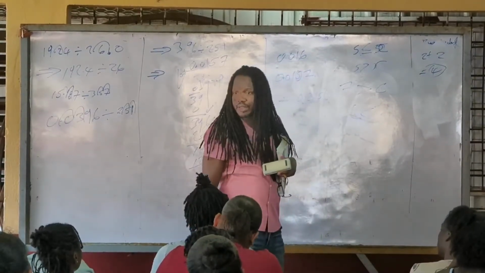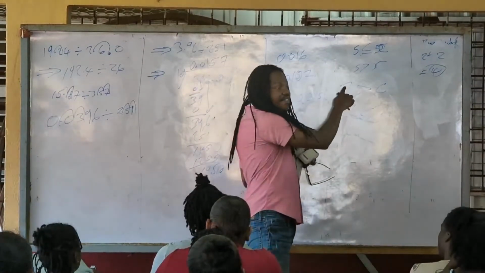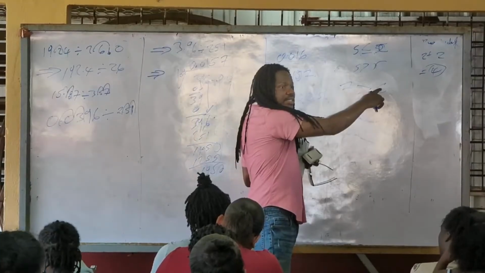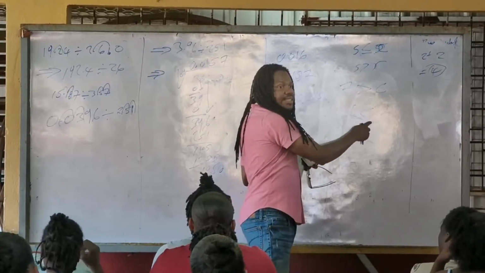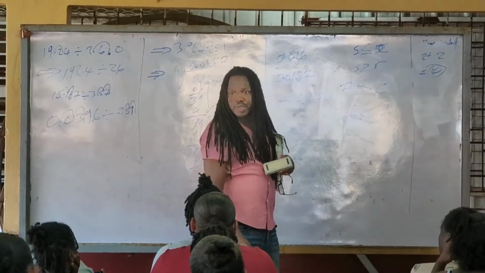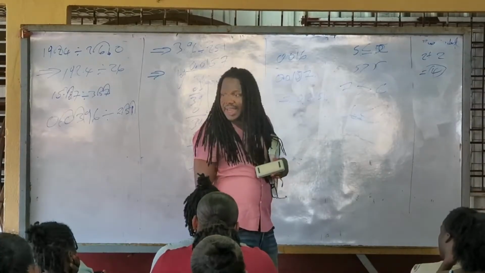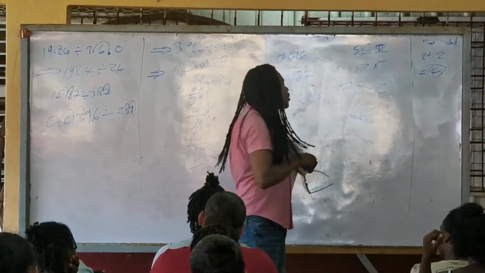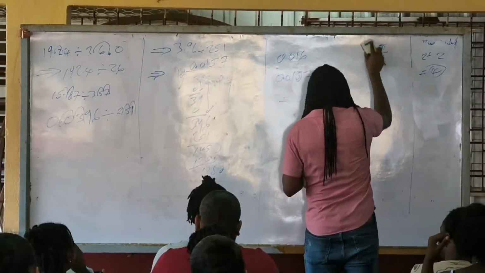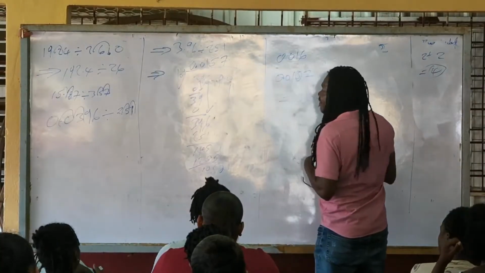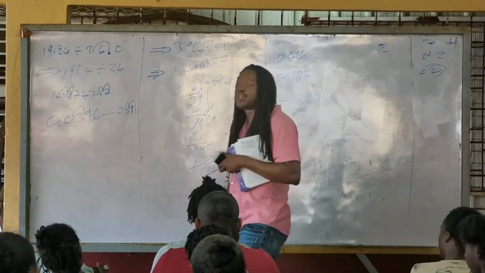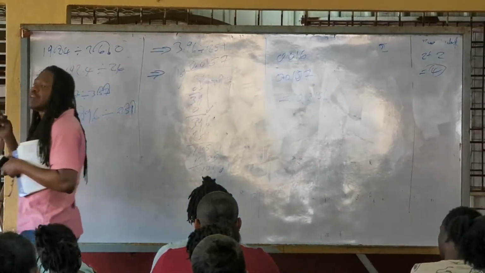So this one is saying 7 is greater than 6. This one is saying 6 is less than 7. But the mouth turns to the bigger one all the time. Everybody understand that? Good.